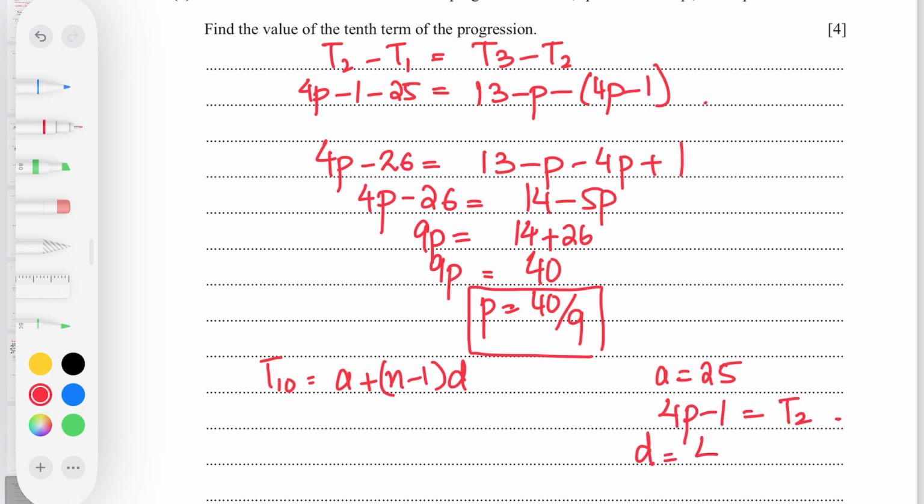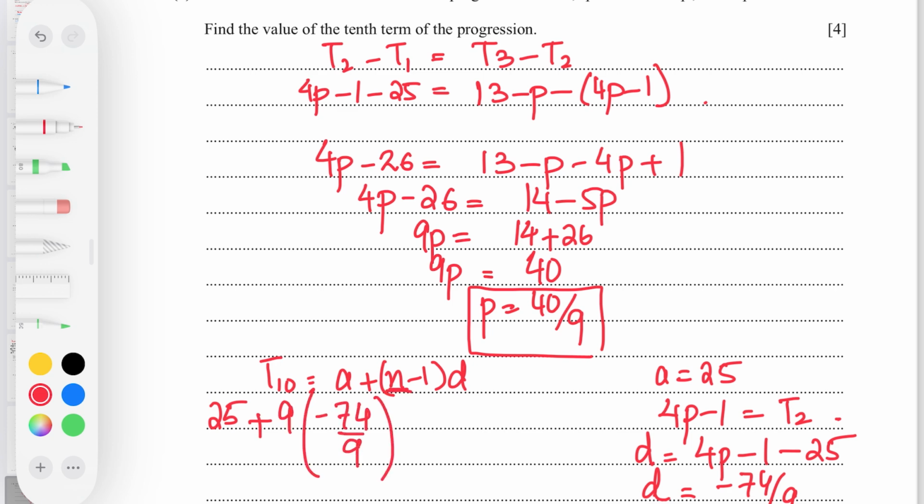So the difference will become 4 into 40 upon 9 minus 26, which gives you minus 74 upon 9. Let's input everything. 10 minus 1 is 9. Minus 74 gives you minus 49.